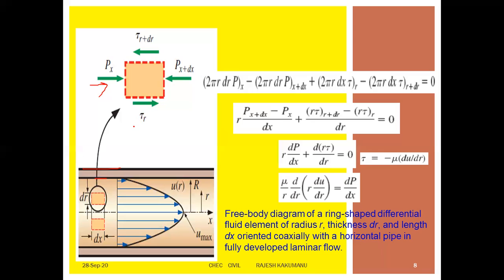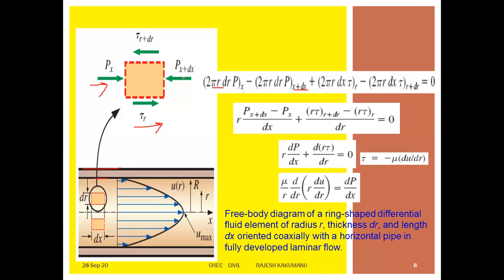Now the shear stress tau at radius r in this direction is tau r plus dr. Taking this small fluid element as an example, we will make an equation. Because it is a circular pipe, we take the circumference of the pipe, 2 pi r. So 2 pi r dr p in x direction minus 2 pi r dr p at x plus dx.